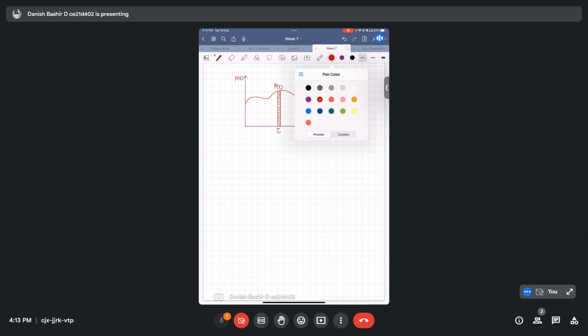So its area will correspondingly be equal to p of tau into d tau. Okay, so it's at interval tau, but its width we choose in such a way that it is d tau. So it is p of tau d tau in such a way that it constitutes an impulse response function.